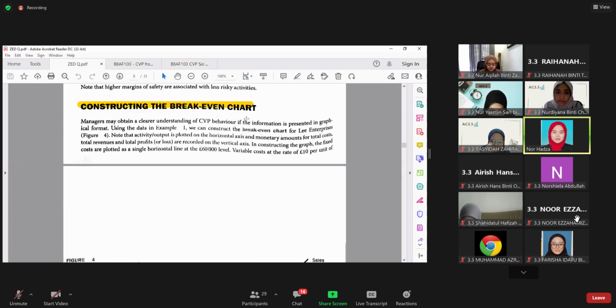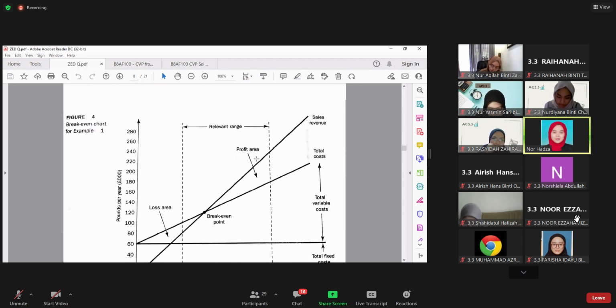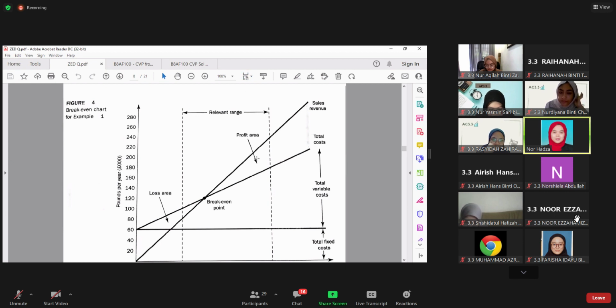All right, so just now, to determine the break-even point, the third method is by using a chart, a graph. There are three graphs that you can use to determine the break-even point. The first one is the one that I've shown you just now, the break-even chart.